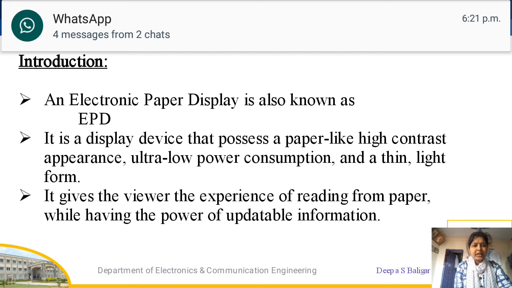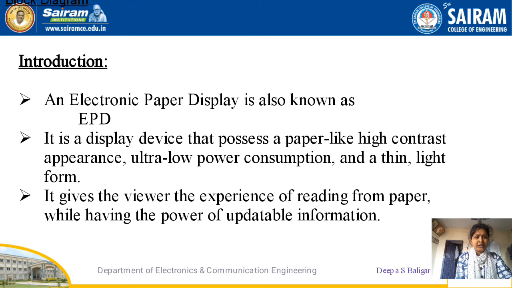Introduction. An electronic paper display is also known as EPD, and it has a paper-like appearance, ultra low power consumption, and a thin, light form. It gives the experience of reading from paper with updatable information.